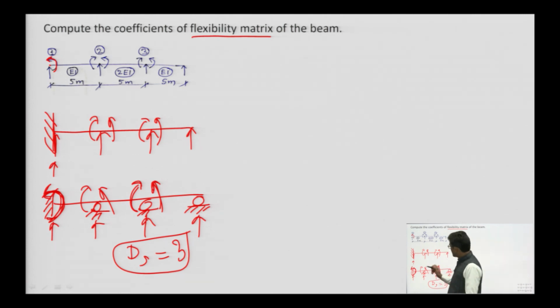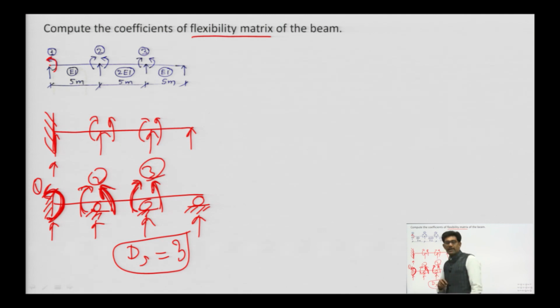So the first action is the moment at this joint, the second action is the moment at this joint, and the third action is this one. So this is 1, this is 2, this is 3.